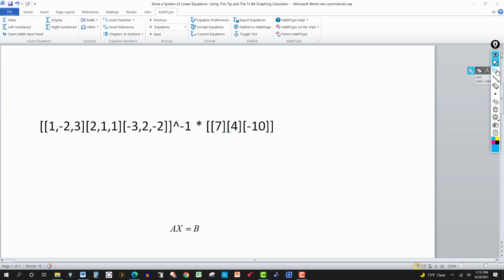And basically the big capital X would represent the matrix of the variables. So that would be X, Y, Z. And over here we have the matrix of the constants. Seven, 4, and negative 10.